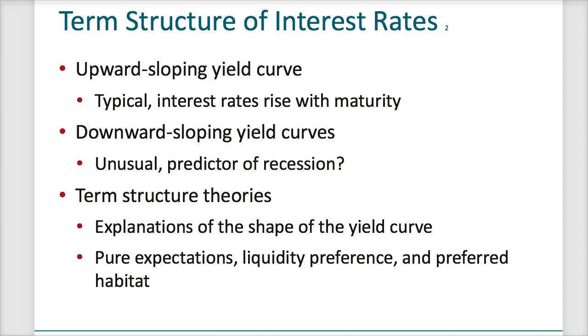So if we're looking at this term structure of interest rates, the most common is an upward sloping yield curve. This is what we see most of the time, where interest rates rise with the length of maturity. And this makes sense to most people.